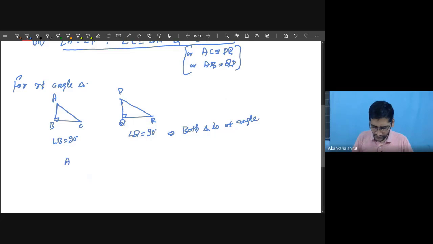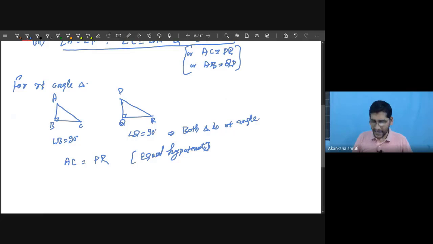Then their hypotenuses are equal: AC equals PR. Hypotenuse is the side in front of the right angle. Like here for triangle ABC, angle B is 90, and in front of angle B is side AC. So AC is the hypotenuse. For triangle PQR, angle Q is 90, so PR is the hypotenuse.